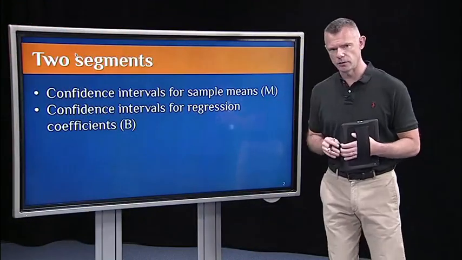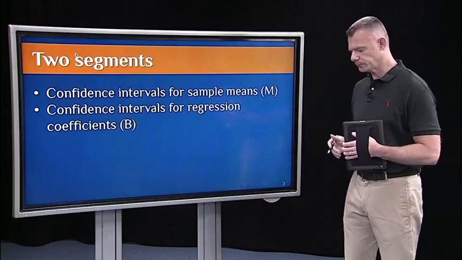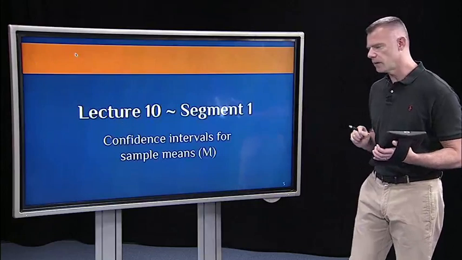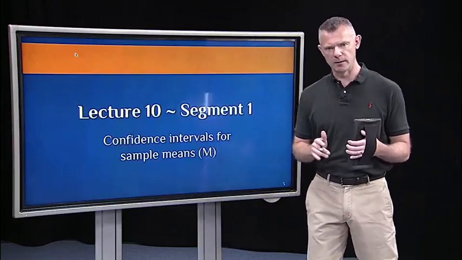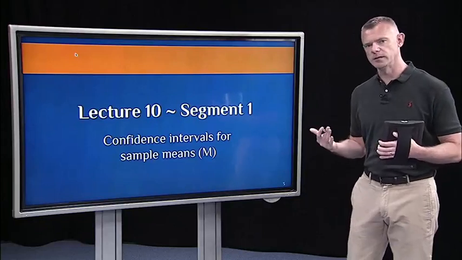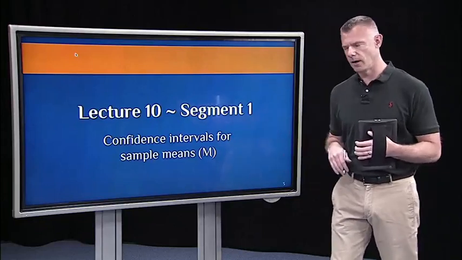So this should be fresh in your minds at this point. So let's launch into the first segment. Here we'll just talk about confidence intervals around sample means. This is sort of the easiest and most obvious place to start when talking about confidence intervals.